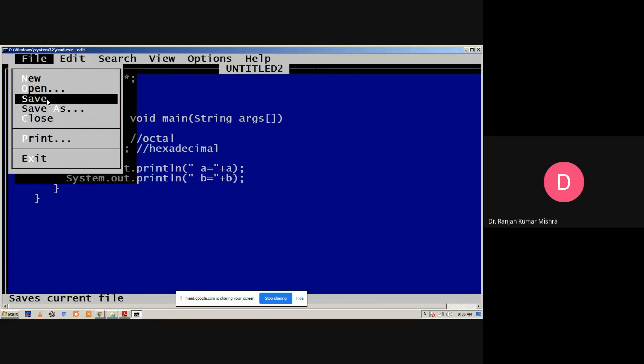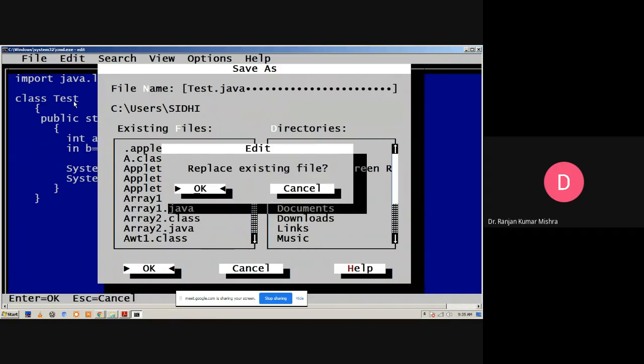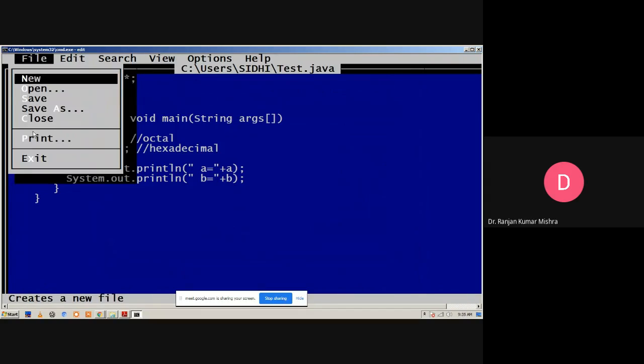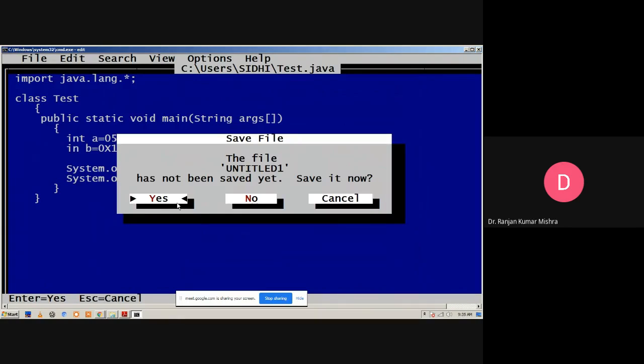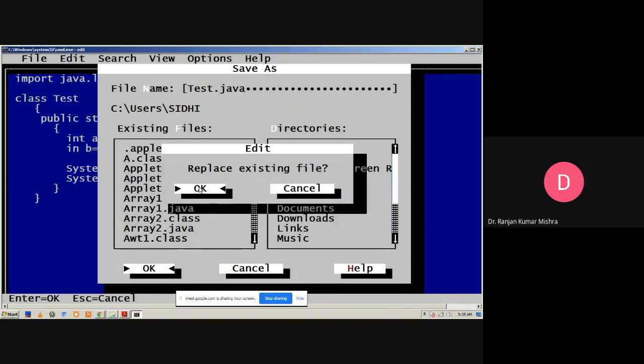File, save. We already discussed that the file will be saved with the name of the class with the extension .java, Test.java. Now file, exit, save it now. Yes, Test.java, replace existing file.